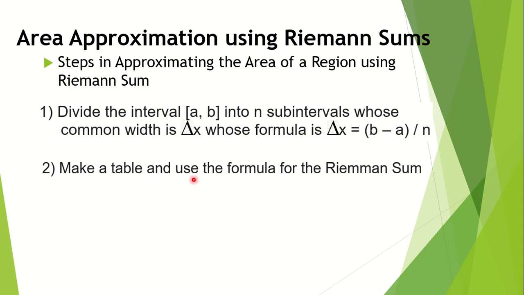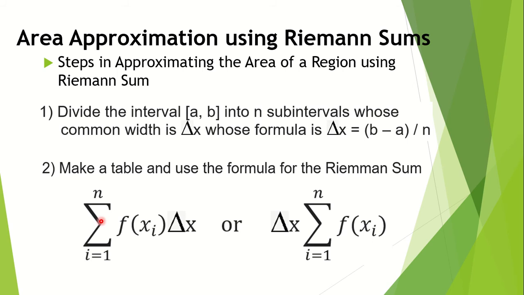Step number 2, make a table and use the formula for the Riemann sum: the summation of f of x sub i times delta x, where i is from 1 to n. Or we can factor out delta x outside. So another formula is delta x times the summation of f of x sub i, where i is from 1 to n.